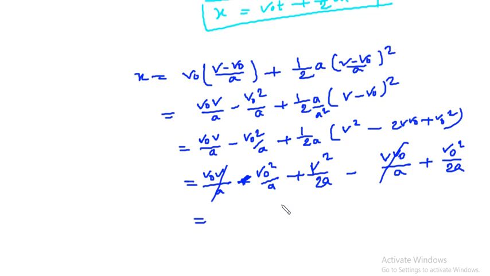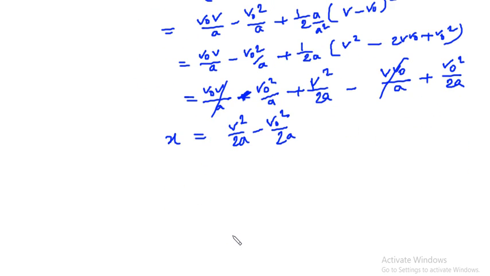So what we are getting is V square by 2a minus V0 square by 2a. If we combine these two, we will get V0 square by 2a, and on this side we have x. So if we take 2a common and multiply, we get V square minus V0 square equal to 2ax. I think you are smart, you understand at least this much.